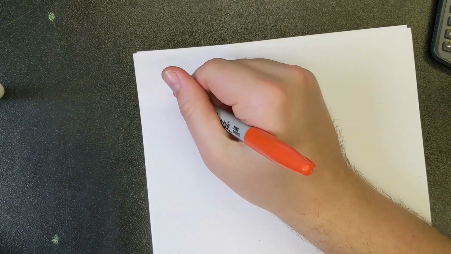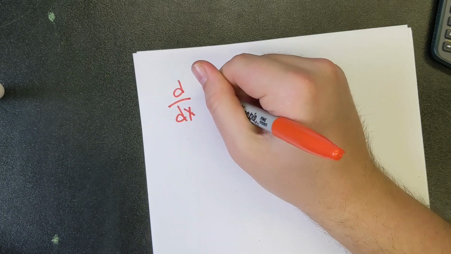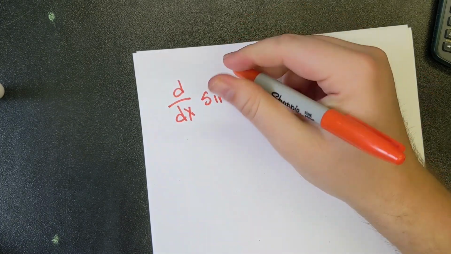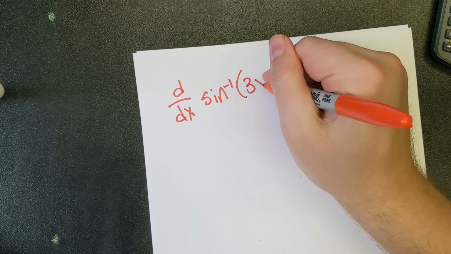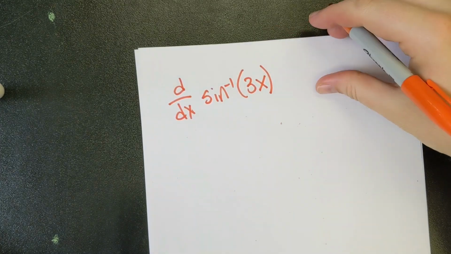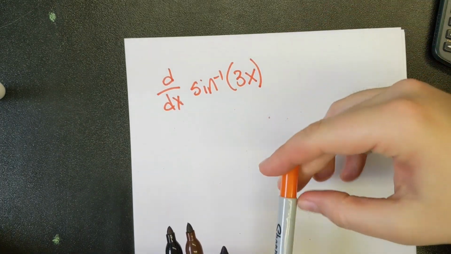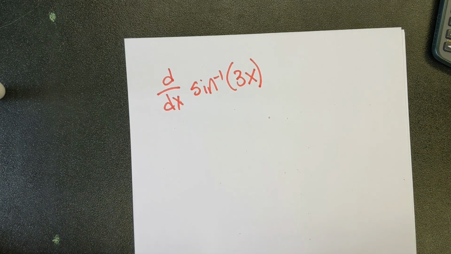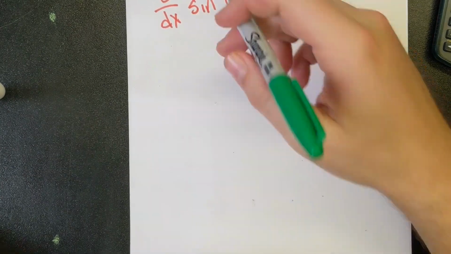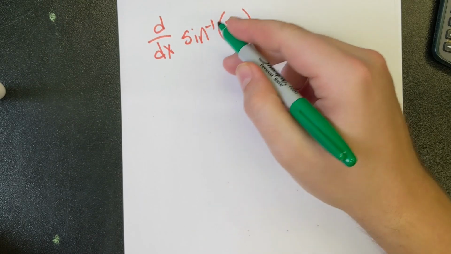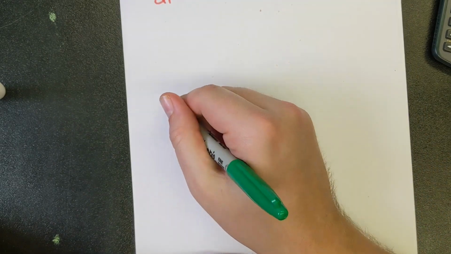One more, couple more. Derivative of sine inverse of 3x. So in general, you might want to just stop really fast and be like, wait a second, this is sine inverse, this is arc sine stuff. Let's just go back and remember these formulas.